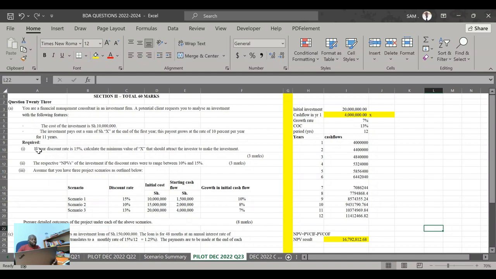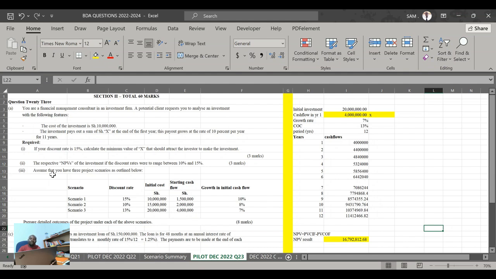Now, if you look at the question that we have, part A, Roman 1, we used goal seek, which is a sensitivity analysis tool in Excel. In Roman number 2, we used data table. Data table is also a functionality in Excel. And if you review the previous video, the previous class, which I posted here, I explained that data table has two types. It's divided into two.